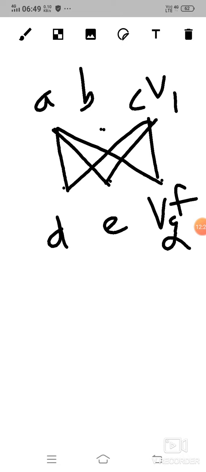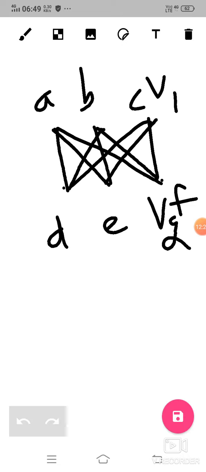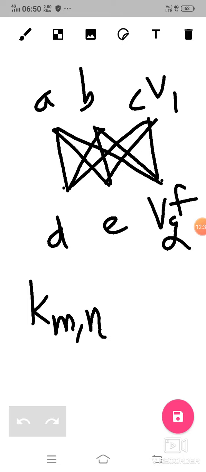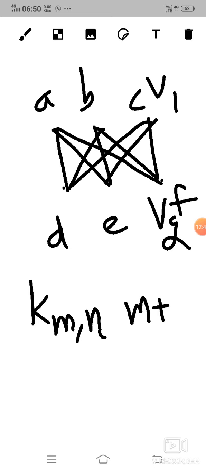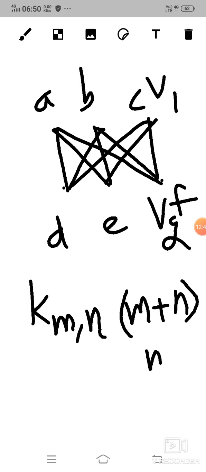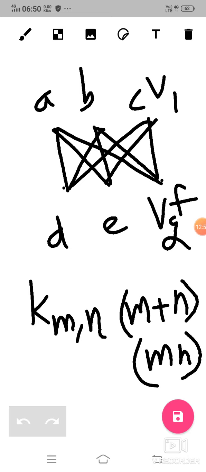And here for B, if I join the lines, then this is an example of a complete bipartite graph. A complete bipartite graph is denoted by Km,n, and here the number of vertices will be m plus n and the number of edges will be m into n.